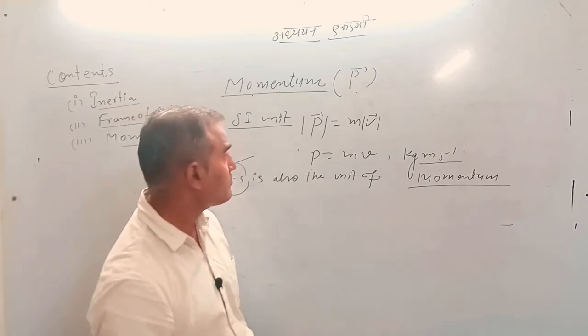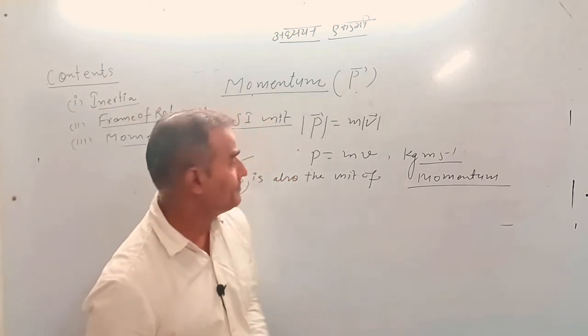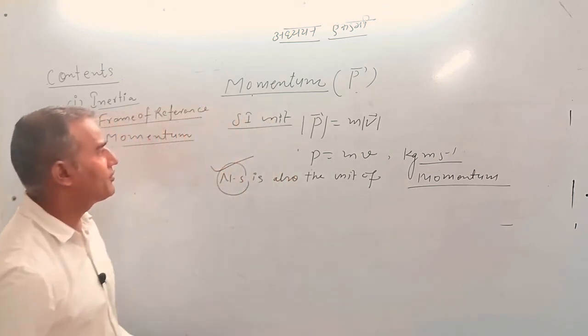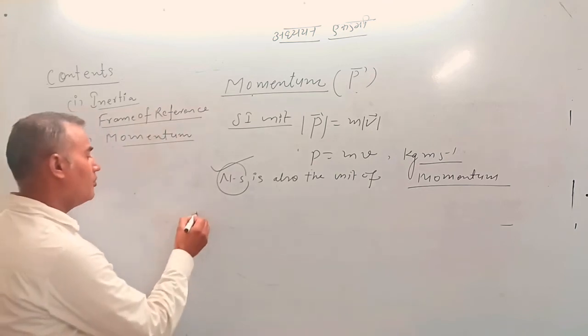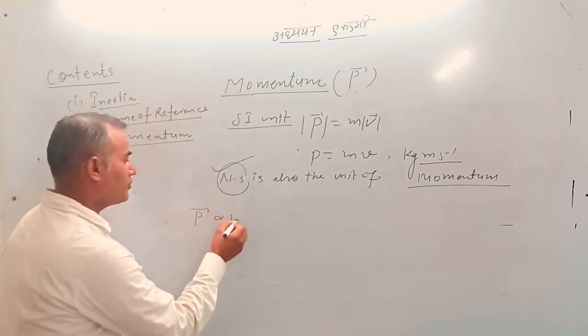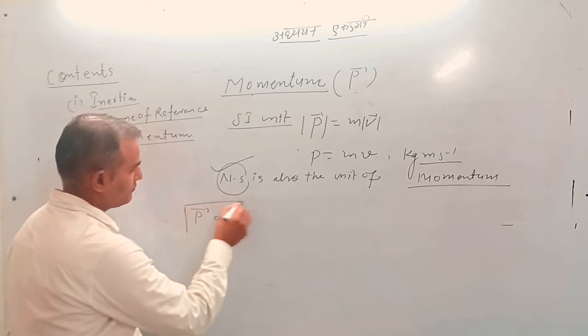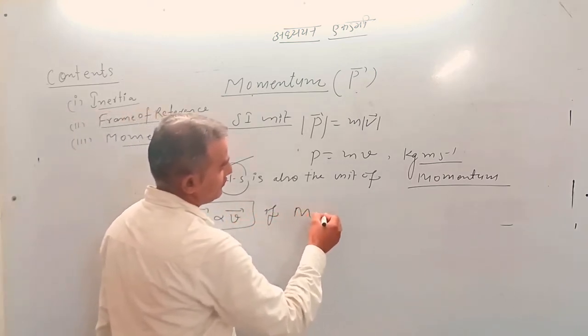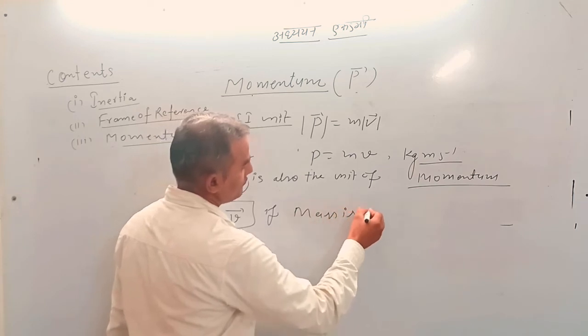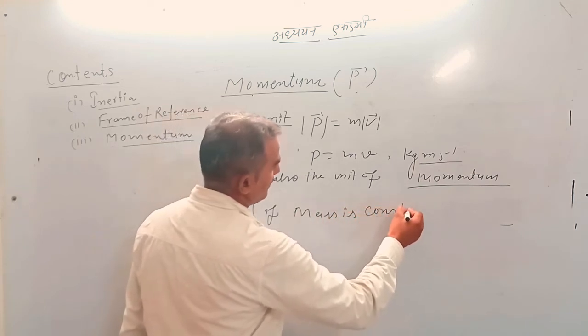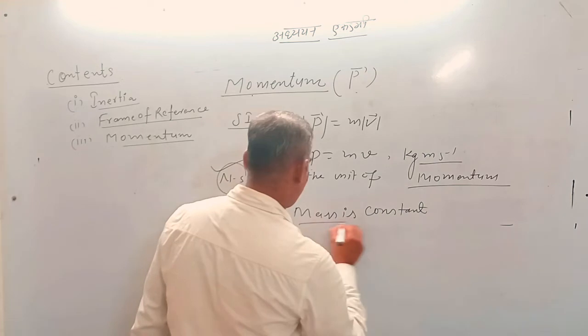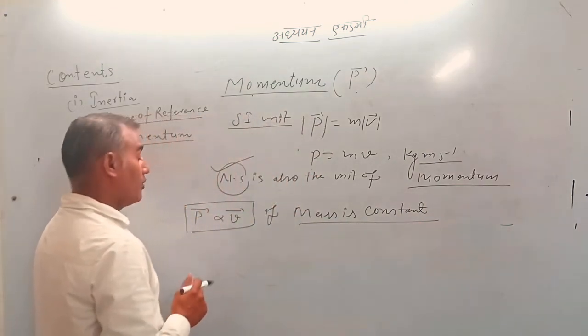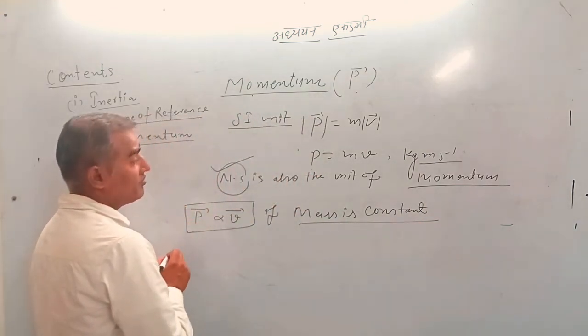Now if mass is constant, then momentum is proportional to velocity. For slow moving bodies mass will be fixed.